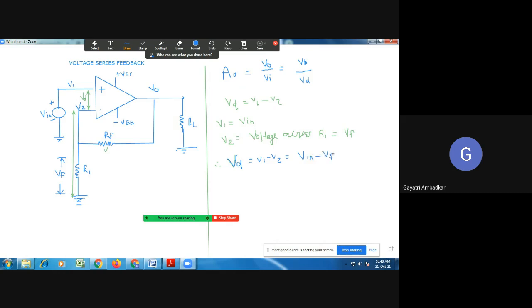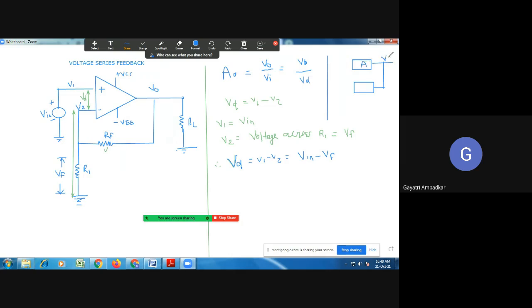If you remember the feedback amplifier, you have an amplifier and a feedback network. This is the part of the output which is connected to the feedback network, and we call this Vo.